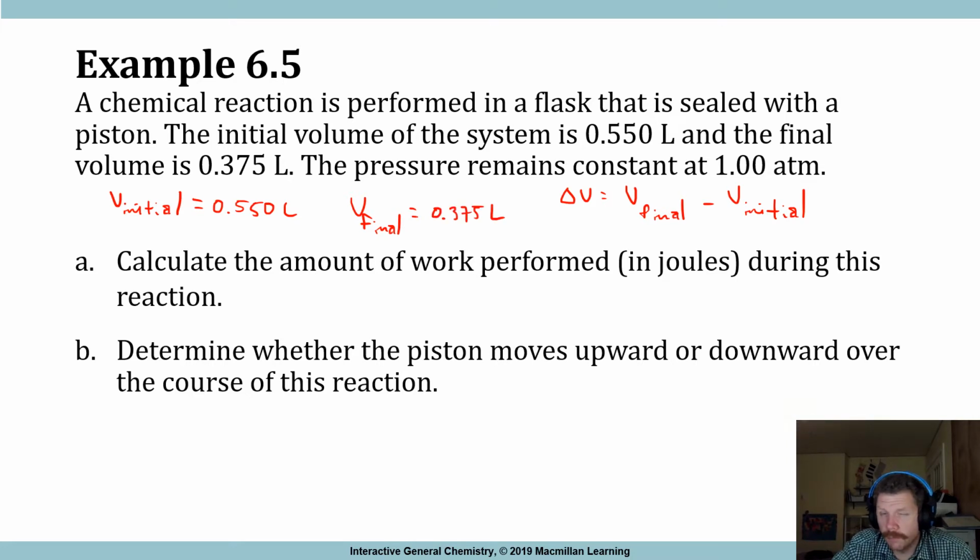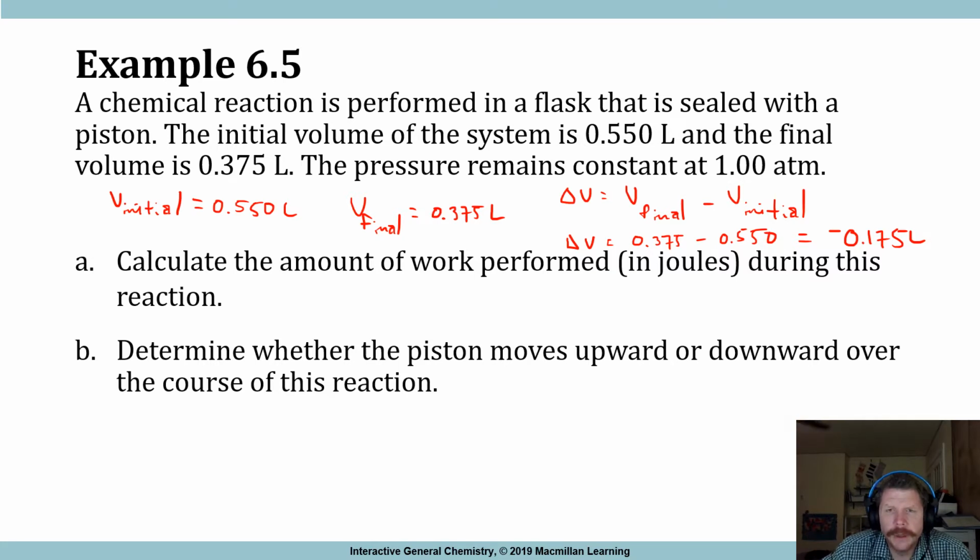Plugging this into our equation, delta V is equal to 0.375 minus 0.550, which is negative 0.175 liters.